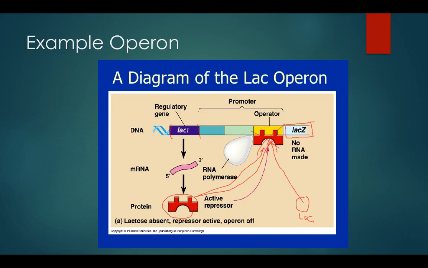And then RNA polymerase is going to be able to attach here to the promoter, and bam, it's going to be able to make the enzyme to eat lactose. And when there's no more lactose in the cell, it's going to be removed, and the repressor is going to go back to the operator, and you're done.